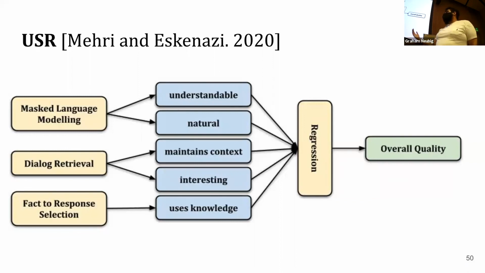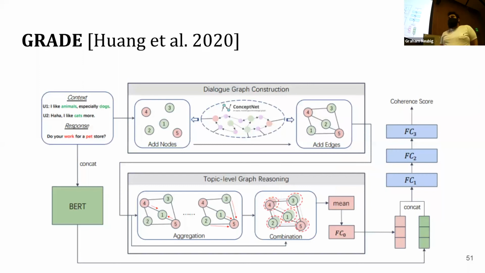Dialogue retrieval models whether a response maintains context and whether it's interesting. And fact-to-response selection models whether a response uses knowledge. Given these 3 self-supervised models that model these 5 qualities, they're then combined through some kind of weighted sum to produce an overall quality. Any questions about that? Okay, cool.